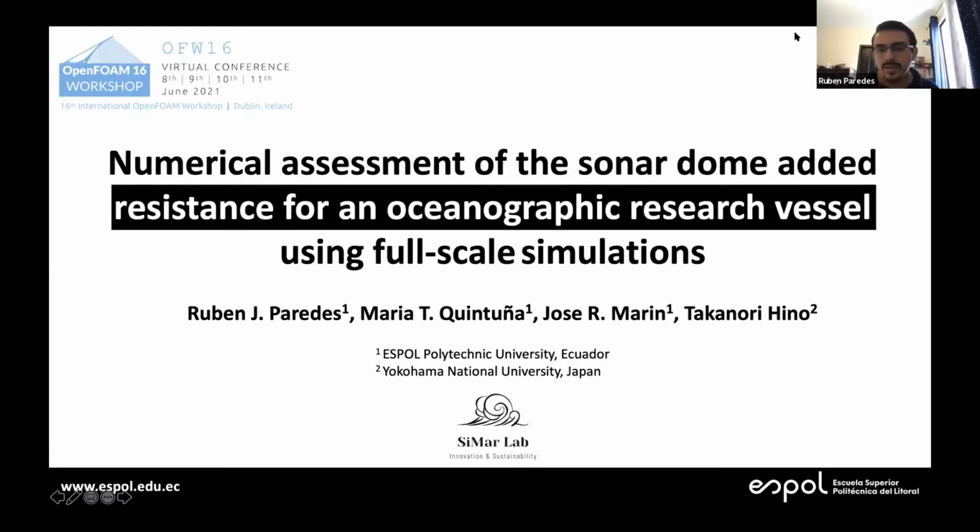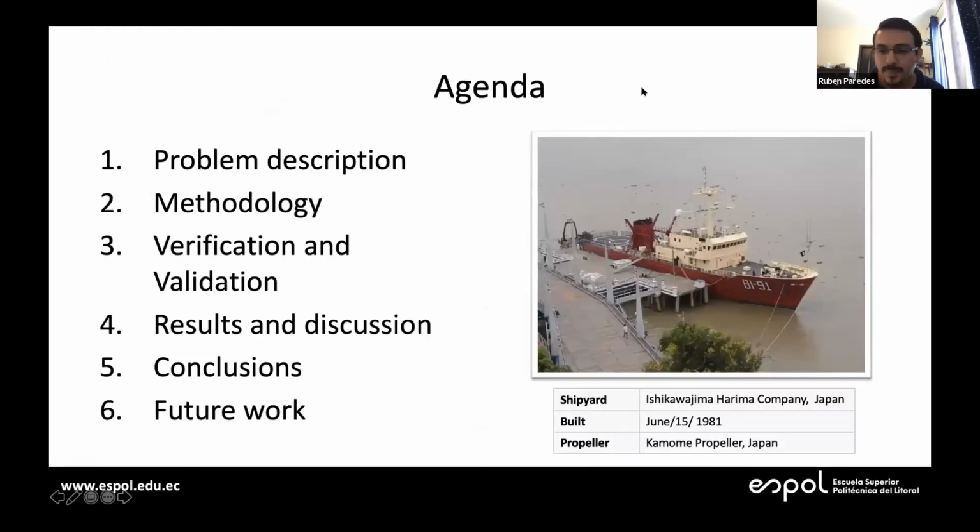We use OpenFOAM, we perform the simulations at full scale, and right now we are collaborating with Professor Ino from Yokohama National University in order to include the performance of the propeller of this research vessel. This vessel was built in Japan back in 1981.